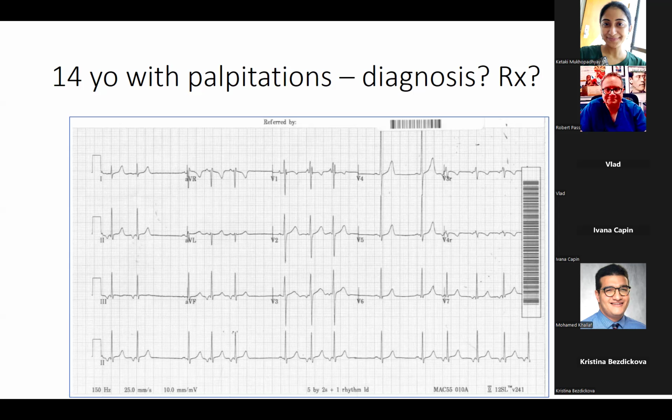No, actually, quite irregular, I would say. Yeah, there's a regularity to the irregularness, but it is irregular. What do you think about the P wave axis since we're talking about P waves? Yeah, so the P waves are inverted in aVF, so it's not sinus.